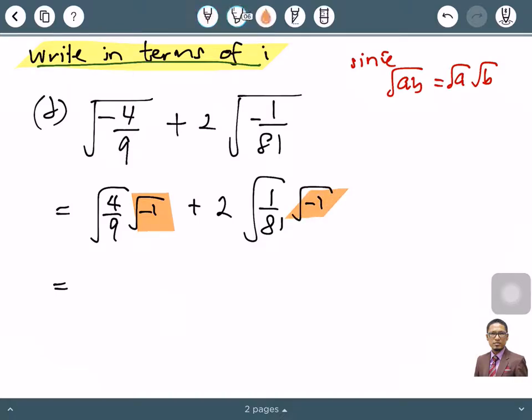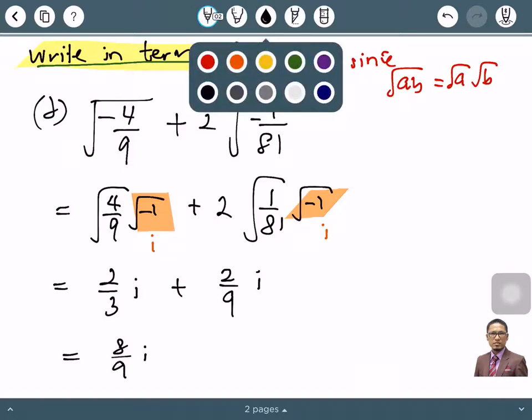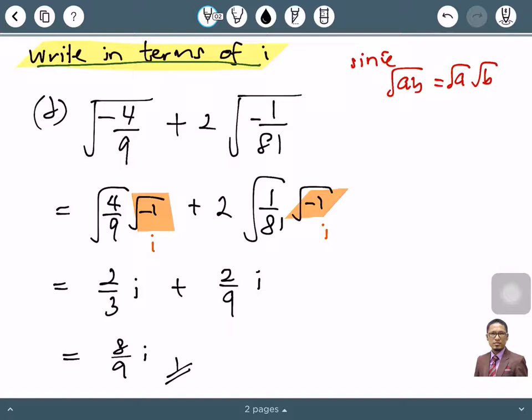Square root of negative 1 dia akan become I. Square root of 4 over 9 equal to 2 over 3 I plus 2 times 1 over 9, kita combine jadi 2 over 9 I. So kita tambahkan fraction, kita akan dapat 8 over 9 I. Okay, settle.